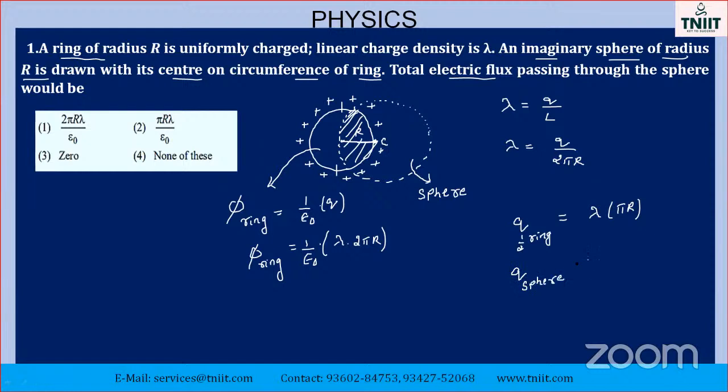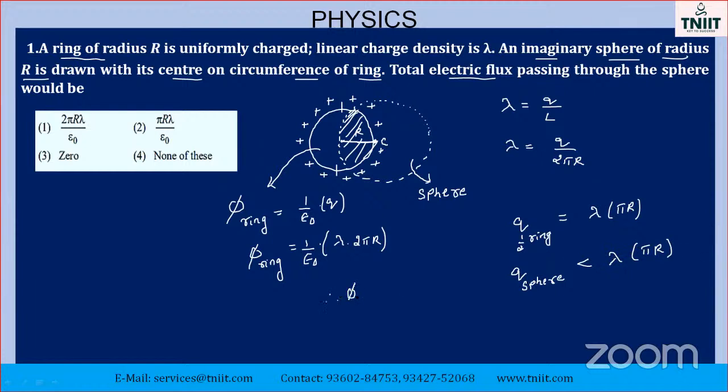It should be less than lambda times pi r, no? Why? Because the sphere is enclosing less than half of the ring. So charge on the sphere should be less than lambda times pi r.